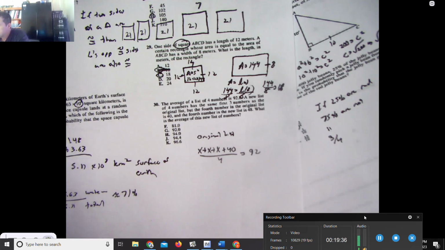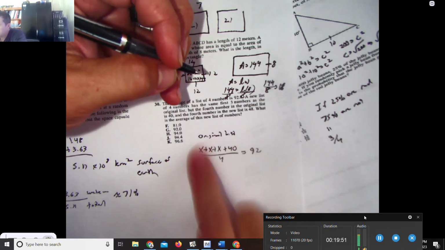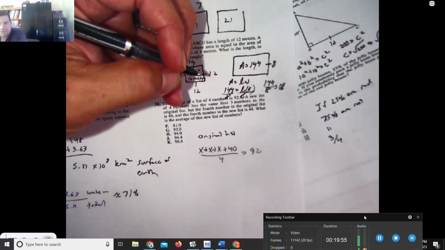The new list has the same first 3 numbers as the original, but the 4th number in the new list is 48, and I don't know the average. So I'm going to use the original equation to figure out the average of the first three numbers.